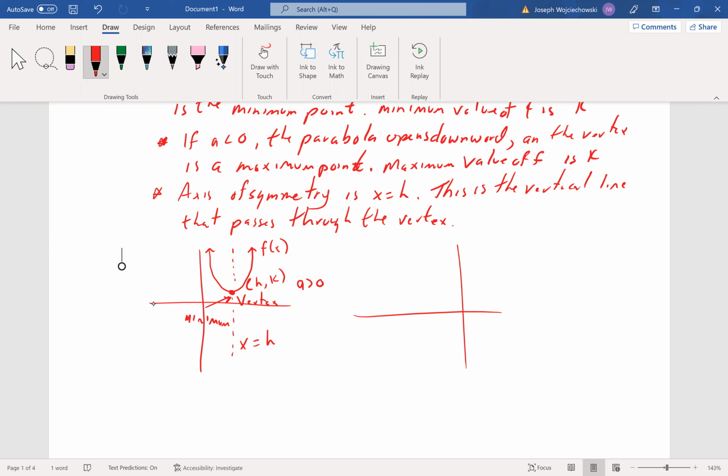Looking here again, I have a vertex h, k, max equals k. I have my line of symmetry here, x equals h. And here a is less than 0.